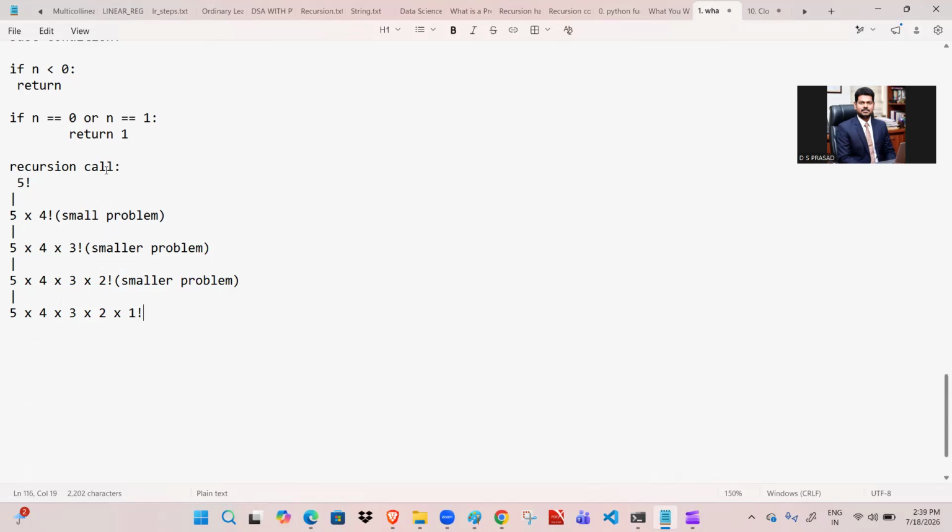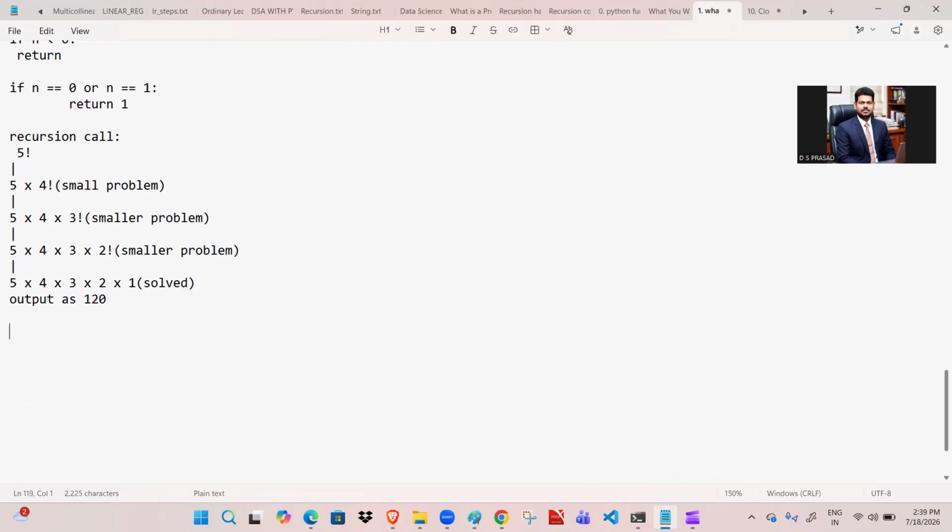When n is equal to 1, we say return 1 only. This is called the base case, where the problem is solved, and we get the output 120. This is one kind of example.